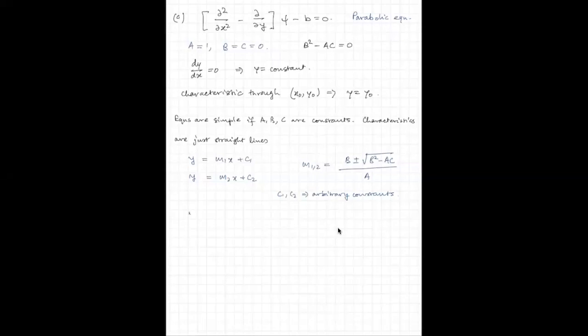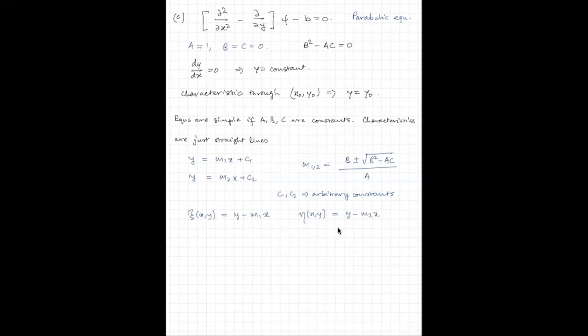So let's just call these something. Let's call xi of x, y equal to y minus m1 x, and eta of x, y equal to y minus m2 x.